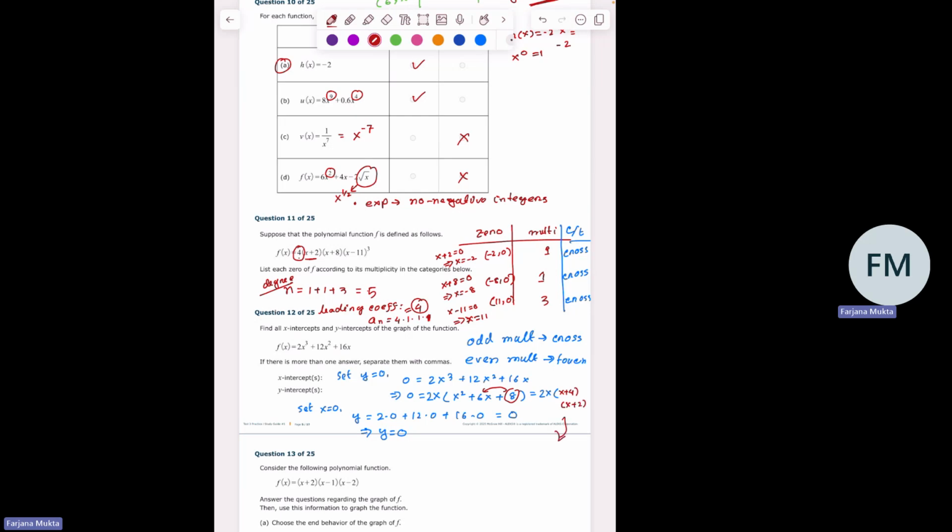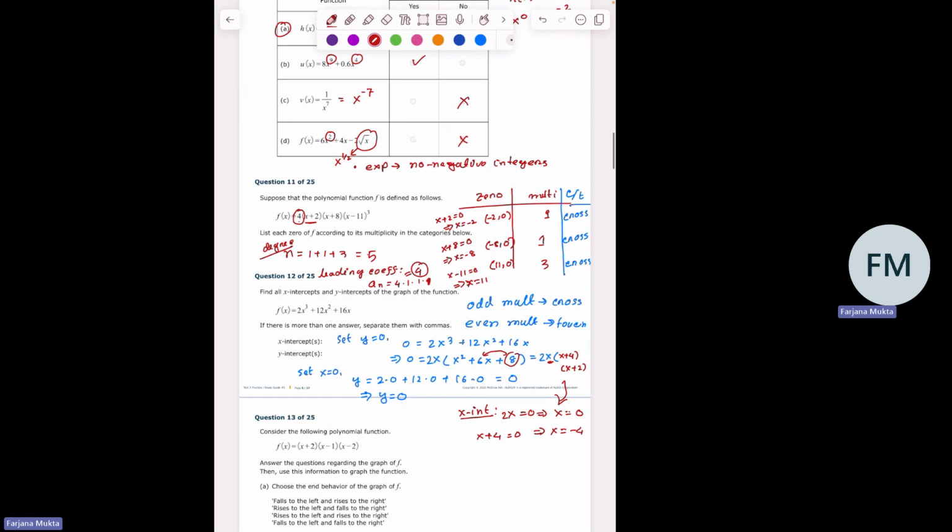So our x-intercepts will be found by setting each factor equal to 0, right? The first factor is 2x. If you set that equal to 0, we get x equals 0. For the second factor, x plus 4, if you set that equal to 0, we get x equals -4.